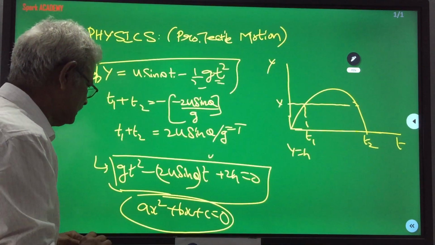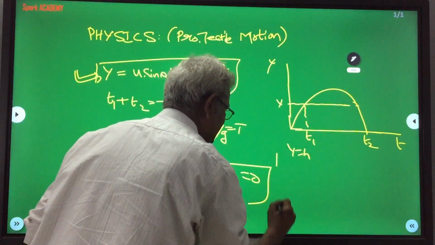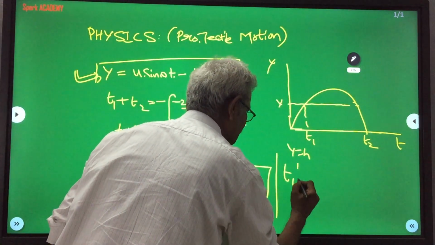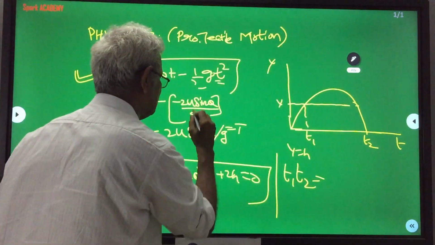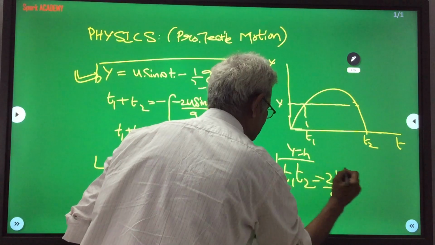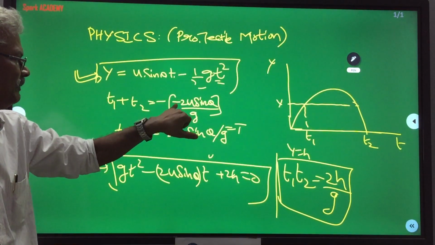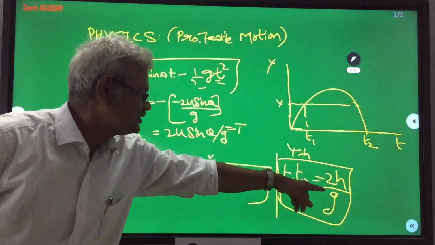One more point here. Product of roots also I will write, is equal to c by a. So sum of the roots is minus b by a, product of roots is c by a.